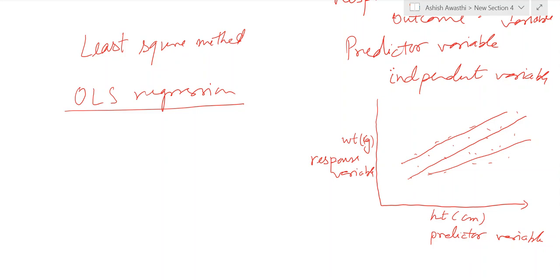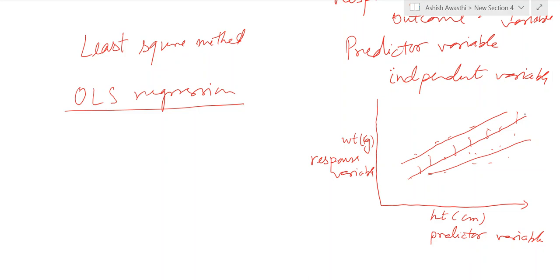The method of least square says, when we fit a line on this data set, suppose this is the line we have fitted, we have observations near about this line. Some observations are above the line and some are below the line. Suppose we subtract all the observations from this line. I am showing some differences here.